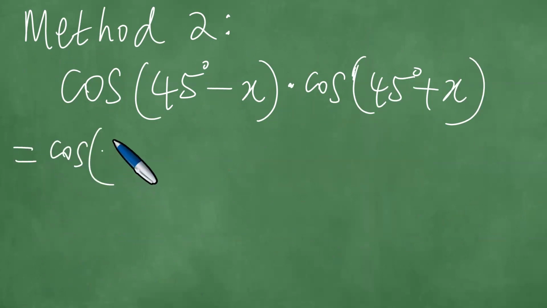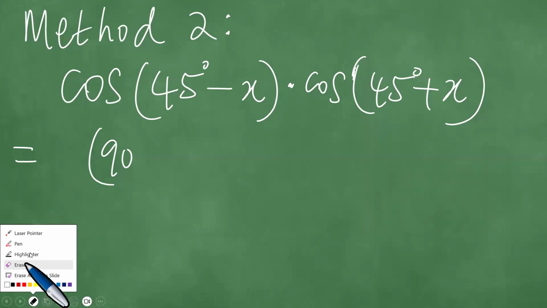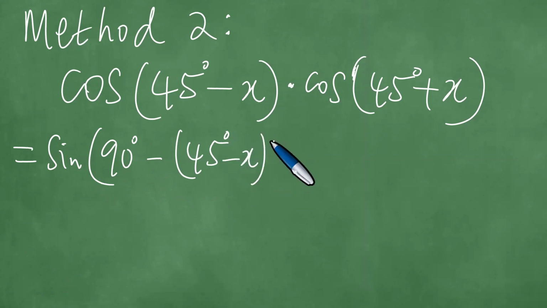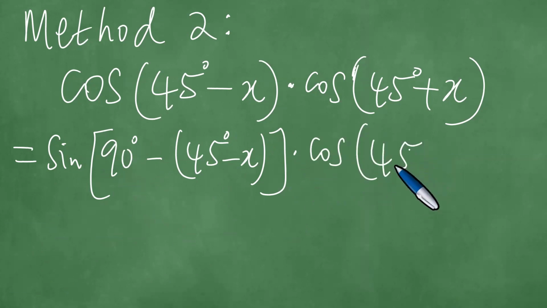And this can be converted to the trigonometric sine by using the co-function rule, the trigonometric sine of 90 degrees minus (45 degrees minus x). Okay, so you can put some square parentheses here, like so. And we have here the cosine of 45 degrees plus x.